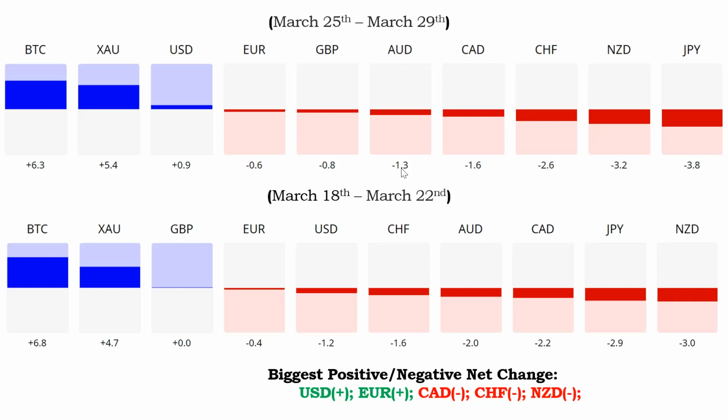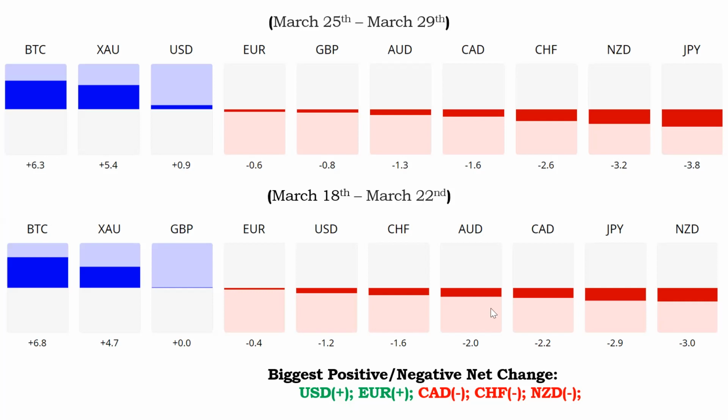Australian dollar gained some strength from minus 2.0 now to negative 1.3, and then we see the Canadian dollar as well gaining some strength from minus 2.2 to minus 1.6. Swiss franc is losing some strength there, and it's coming out on my radar with negative 2.6 from last week's 1.6, and then the New Zealand dollar at negative 3.2 from last week's 3.0.